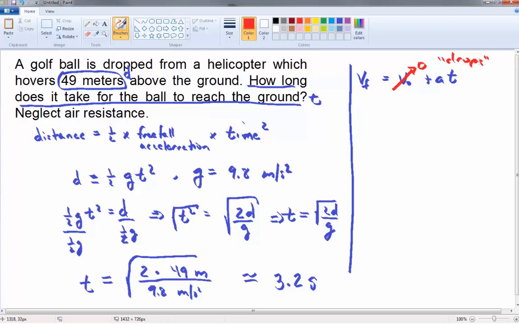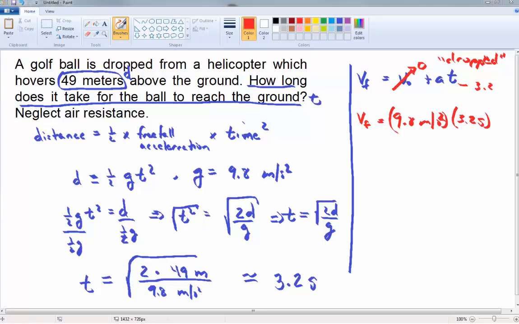Dropped means the initial speed is 0. The t we solved for over here was 3.2 seconds, and so the final speed is 9.8 meters per second squared times 3.2 seconds. So let's pull open the calculator.